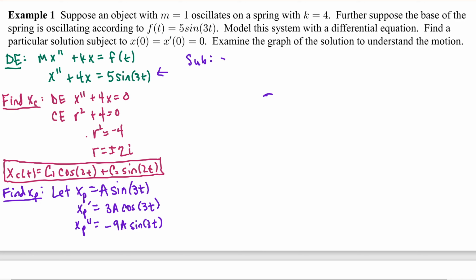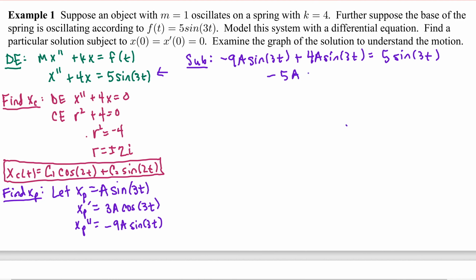X double prime gets replaced with negative 9a sine of 3t plus 4x, that's going to be 4a sine of 3t, equals 5 sine of 3t. So both terms contain sine of 3t. Let's go ahead and combine those. We end up with negative 5a sine of 3t on the left, equal to 5 sine of 3t on the right.